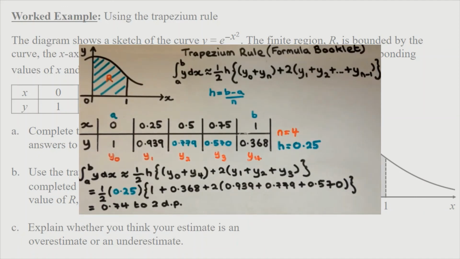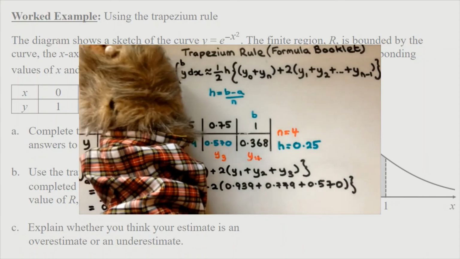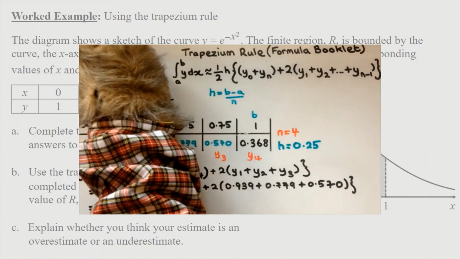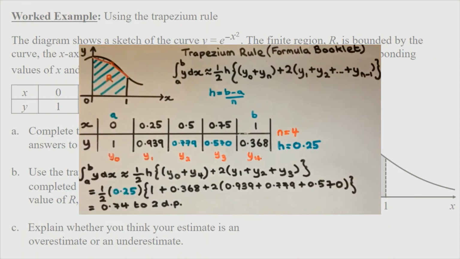If for example this was just 2 trapezia, and it doesn't really matter, I mean the trend will follow for 3, 4, 5 and even more trapezia, but if I just use 2, I would have a node there, perhaps a point, and if I just split this into 2 trapezia like that, you can see it's going to underestimate the definite integral. So this is going to be an underestimate, so just make a note of that.